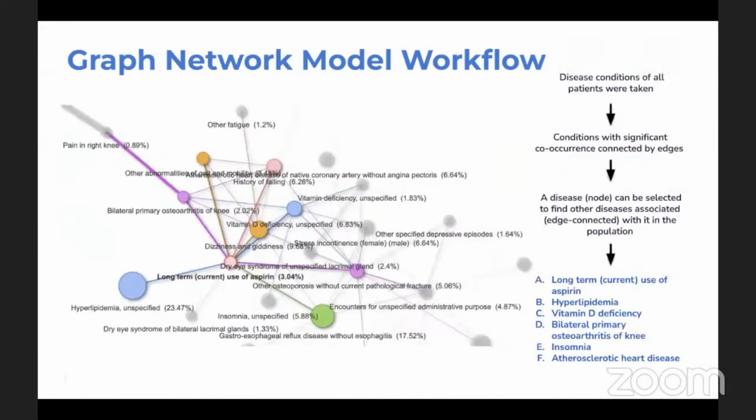So next, I was talking about the graph network models. Suppose in a population, we know that people generally in the geriatric population suffer from multiple diseases. So the person has diabetes as well as hypertension, as well as dyslipidemia or hypothyroid.